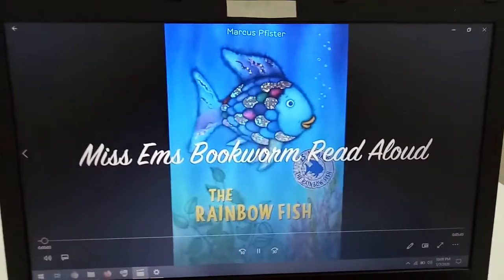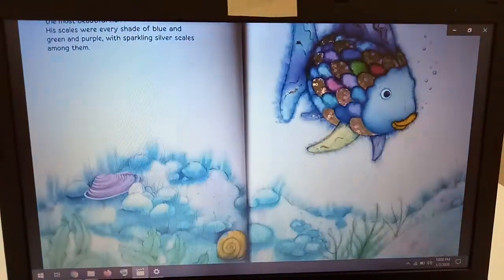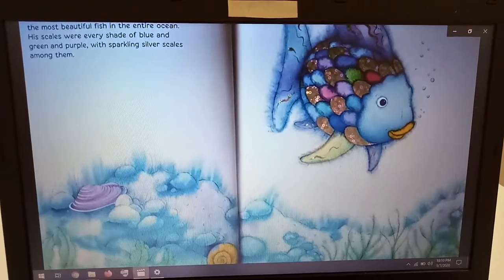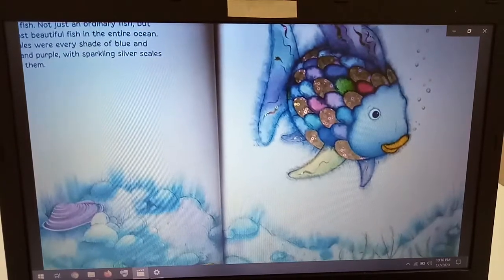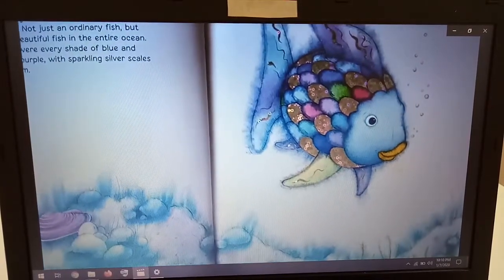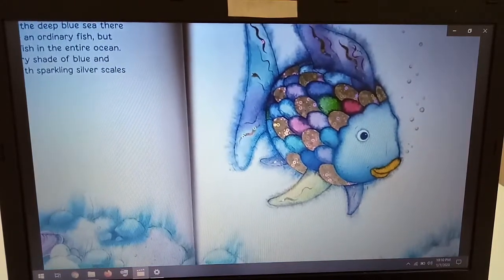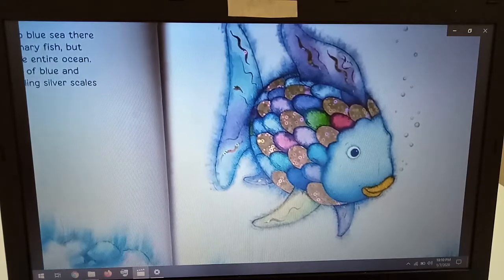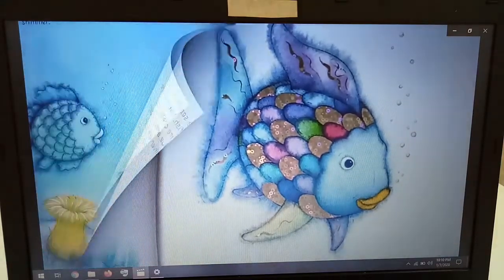The Rainbow Fish by Marcus Pfister. A long way out in the deep blue sea there lived a fish, not just an ordinary fish, but the most beautiful fish in the entire ocean. His scales were every shade of blue and green and purple, with sparkling silver scales among them.